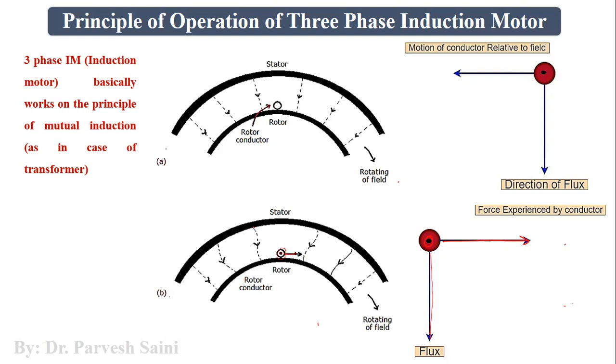Now this conductor will start rotating, or this rotor, because the conductors are placed on the rotor periphery, there are n number of conductors placed, so all the conductors will have the same direction, and hence this rotor will start rotating along with the direction of the magnetic field, right?